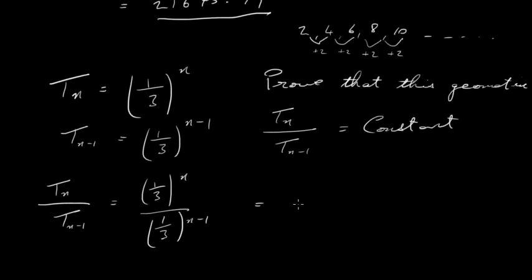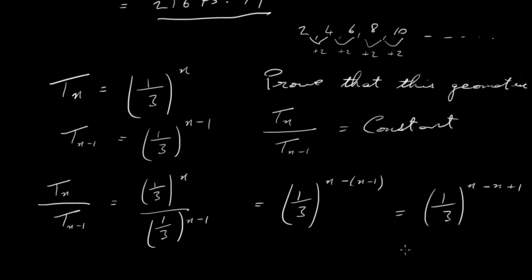So we subtract the powers, in other words. So that's just going to be 1/3 to the power of n minus (n minus 1). So that is 1/3 to the power of n minus n plus 1. So that's just simply 1/3 to the power of 1, or 1/3.